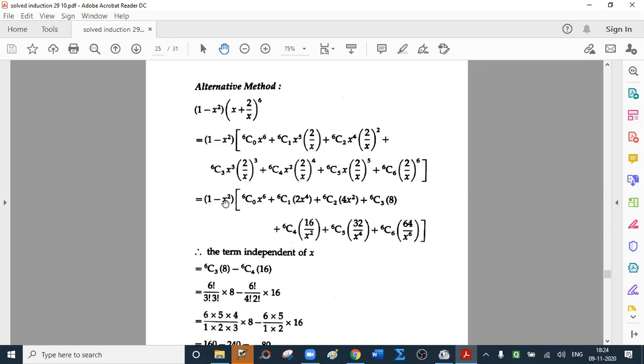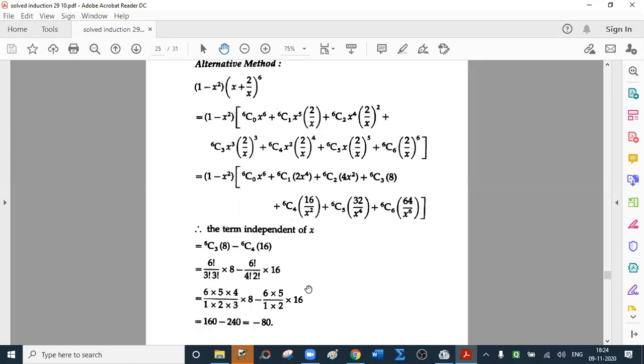Why is this so? Because x square into 1 upon x square is 1. But see, this is minus, and that is why minus 6c4 into 16. Same. Of course, we must get the same answer. Otherwise, there is no point in saying different method if we are getting different answer. Right? So minus 80.